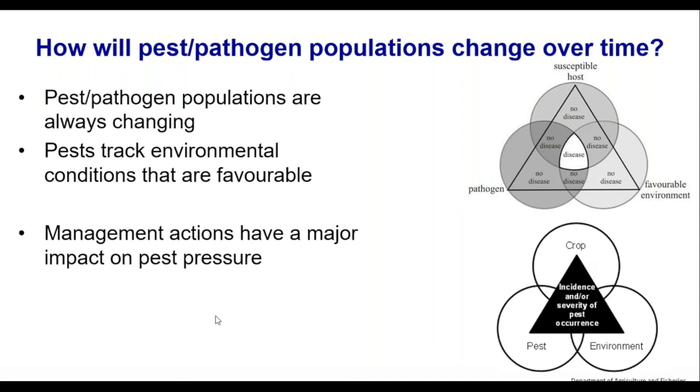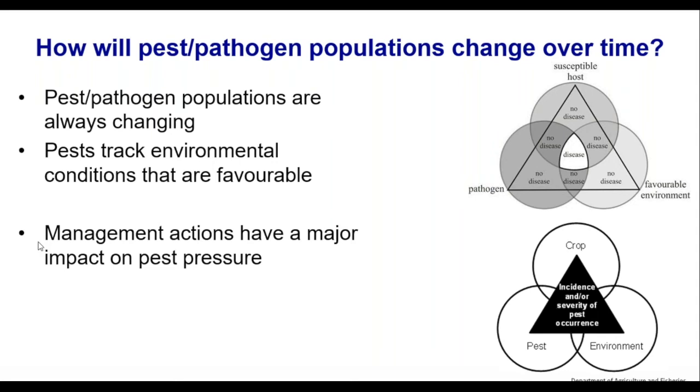There was a study done just on this point, done in the grains over about 3 decades, where they looked at the historical climate and the historical pests present in those crops.